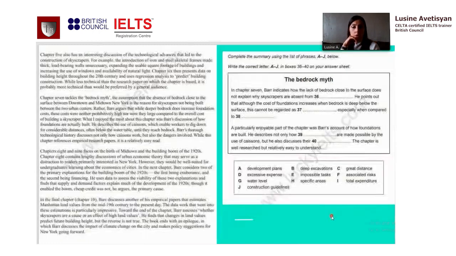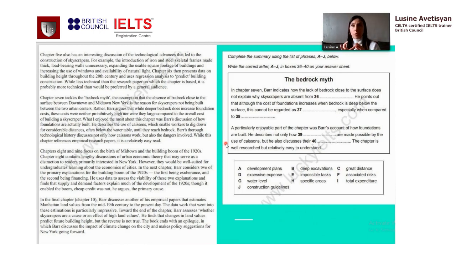Let's move to the book's summary completion, which I was talking about earlier. So we have got here the bedrock myth, again taken from a Cambridge 17 academic book. Again, we have a title, and as you remember, the title helps us locate the information, not only the title, but also when you read, it's easier from the first sentence for us to locate the information in the passage.